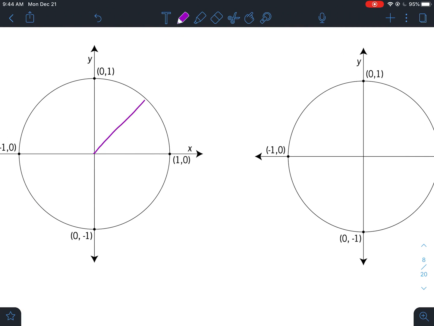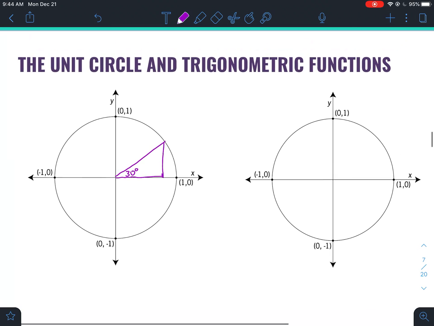So the unit circle and the trig functions. For instance, let's do 30 degrees. If we were to go out 30 degrees, that would be our angle. The angle that we want is always going to be right there at the origin.